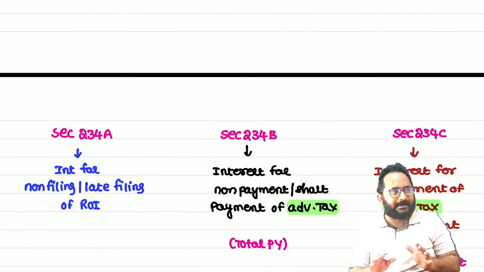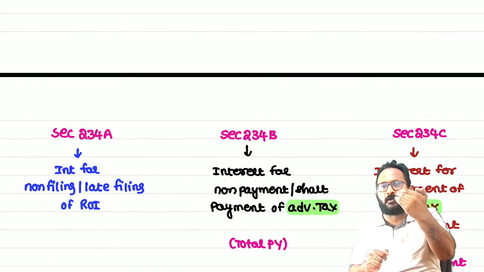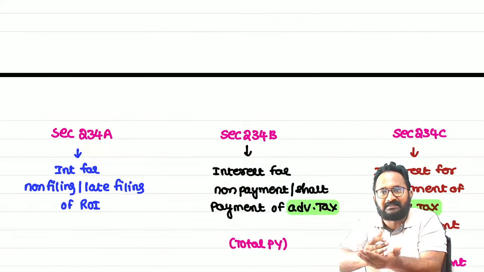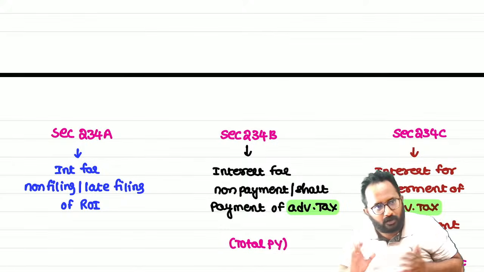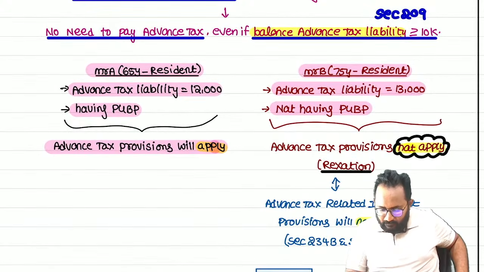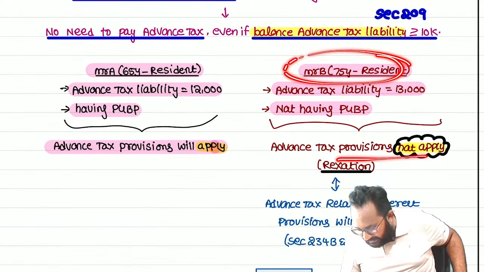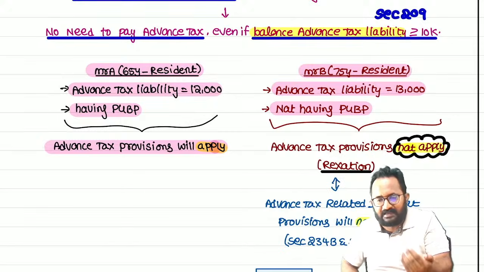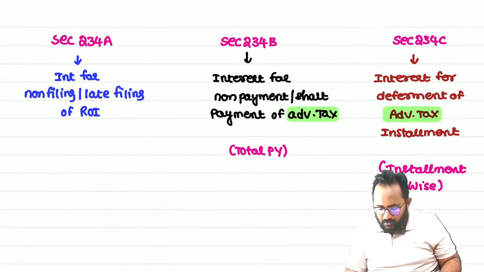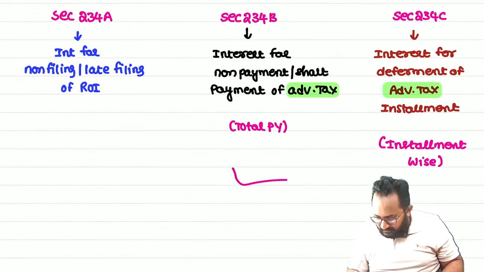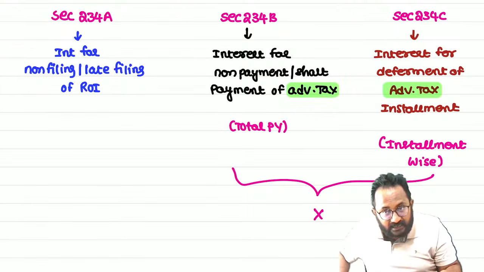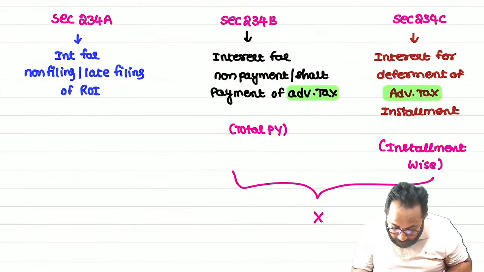Now for any person, if advance tax provisions themselves are not applicable, automatically advance tax related interest provisions are also not applicable. Example, in our case, Mr. B has no need to pay any advance tax because advance tax provisions are not applicable. Automatically interest provisions under section 234B, 234C will not apply, 234A will apply.